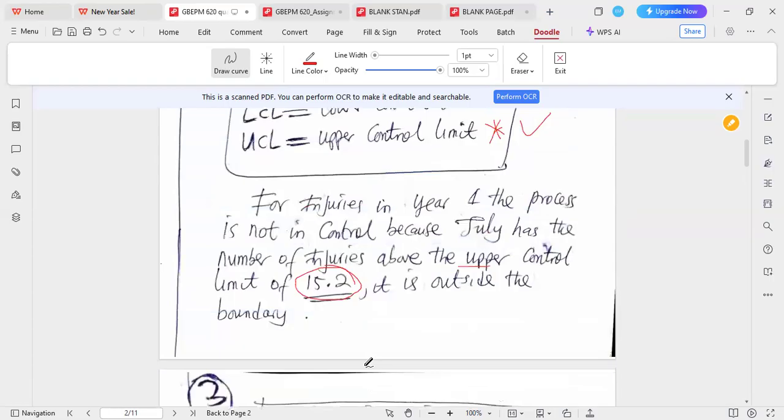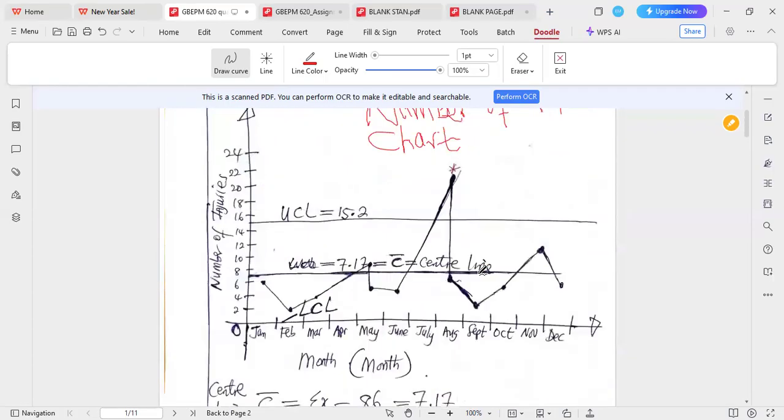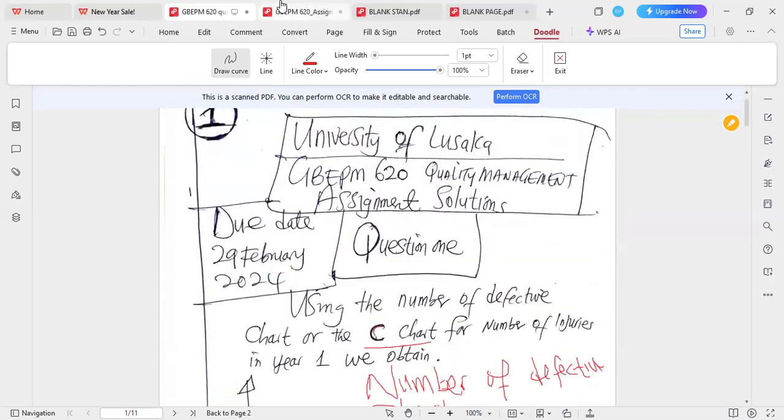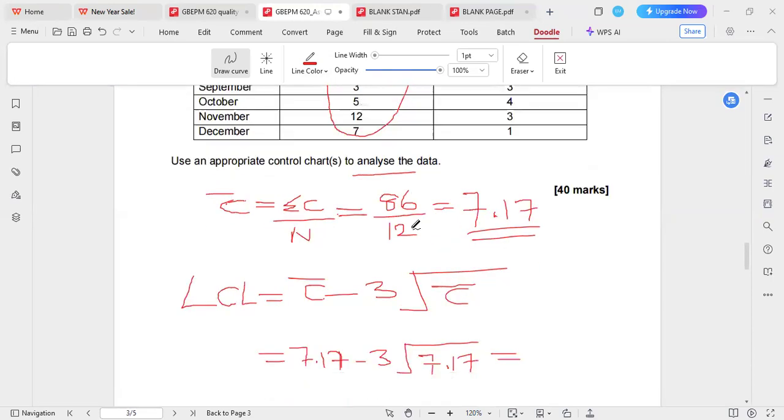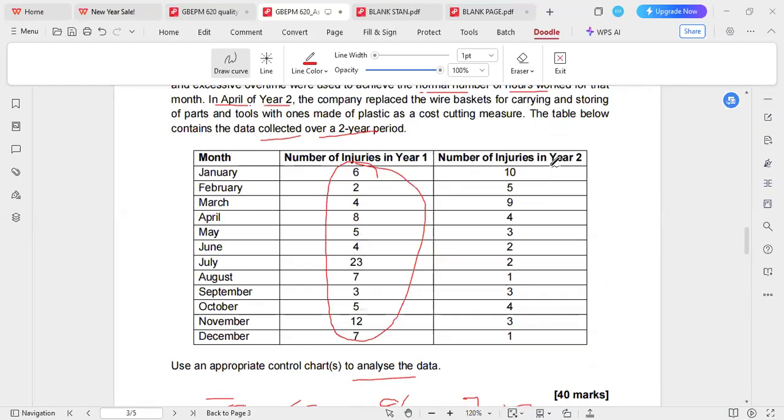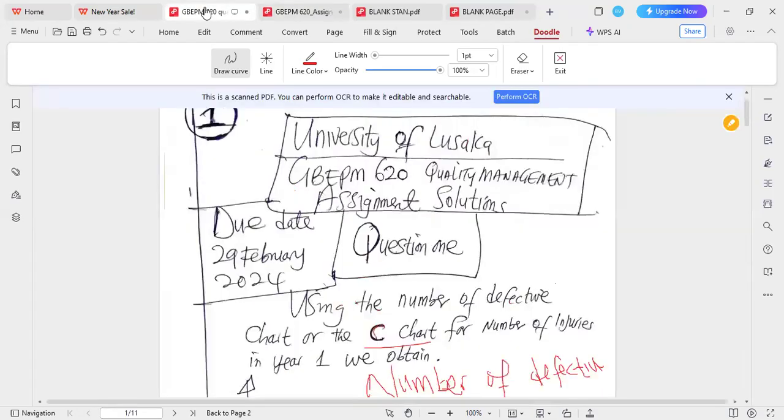So this is what we are looking at concerning this question. We have to do the same for year two, to find the upper and lower control limits for the number of injuries in year two.